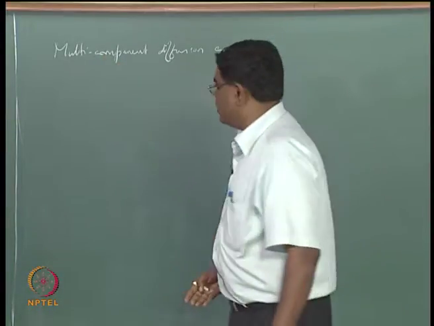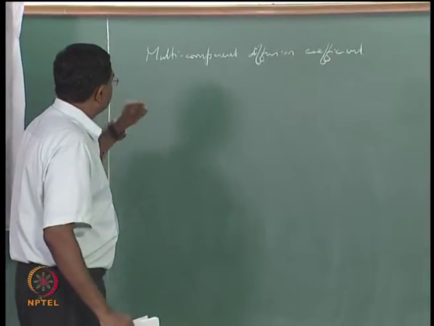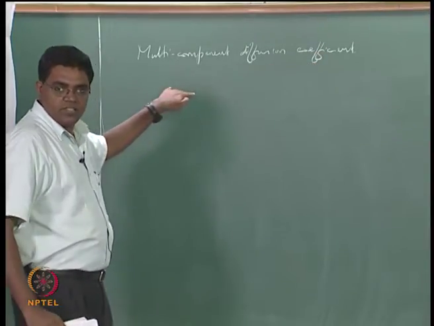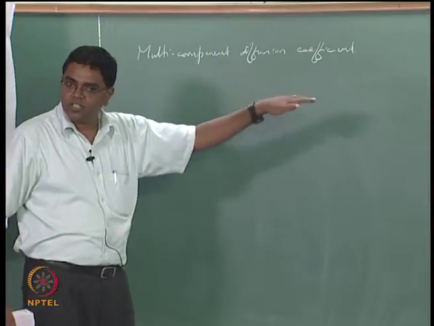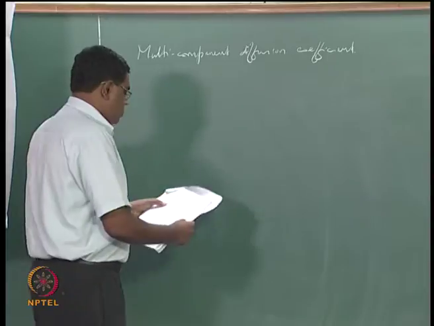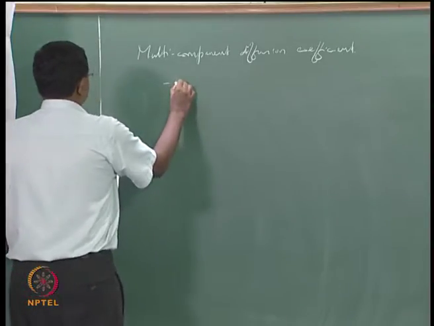So therefore many times it is worthwhile to think about what is called the multi-component diffusion coefficient. This is not the reality, okay. The binary diffusion coefficients are the reality, whereas we will now think about a multi-component diffusion coefficient artificially used.